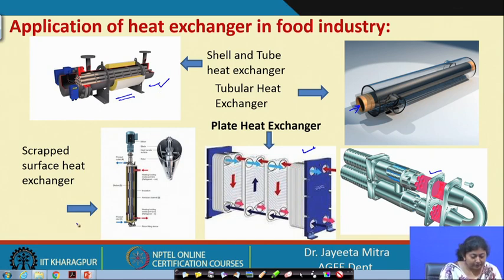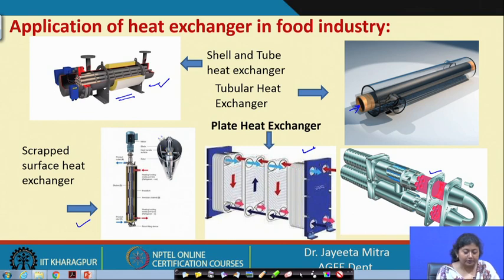And another very important heat exchanger is called the scraped surface heat exchanger. When we handle very sticky material, like any fruit pulp, that we want to dry or concentrate, you can see that we have scrapers, and there is a central shaft with a scraper fixed to it. It scrapes the surface of the heat exchanger so that deposition will not be there, and thereby the value of the heat transfer coefficient can be maintained, because if deposition happens, heat transfer will be lowered.